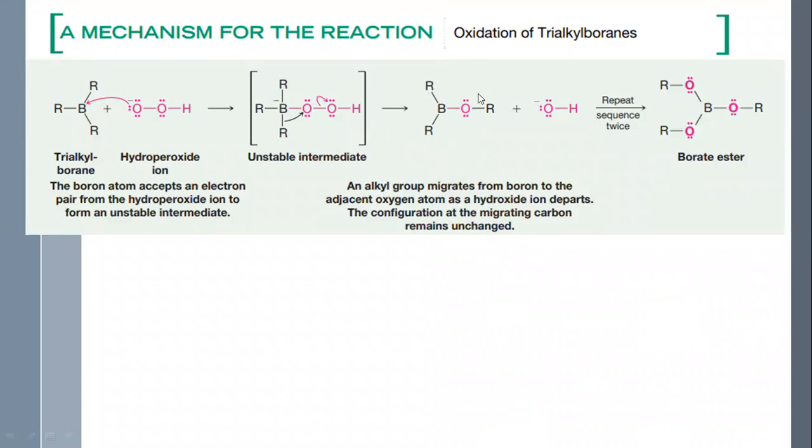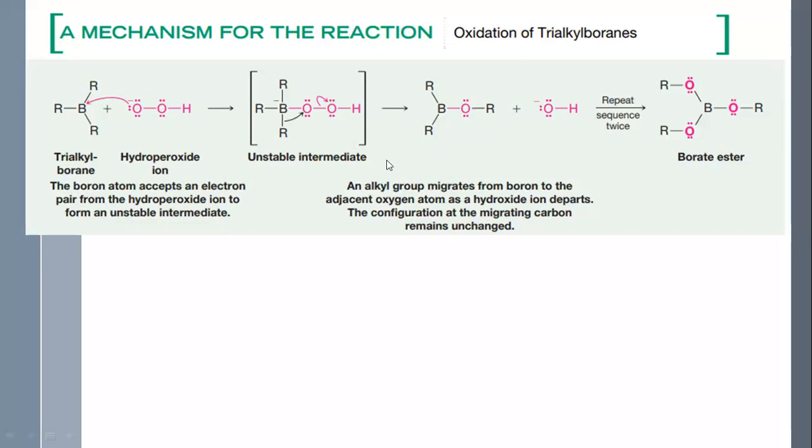And then repeat the sequence here. You use this instead of this one. And what will happen is that you get the BOR, BOR, BOR. Okay, so instead of OH, you will use the BR, R, OR, and instead of RBRR, we'll use this one.